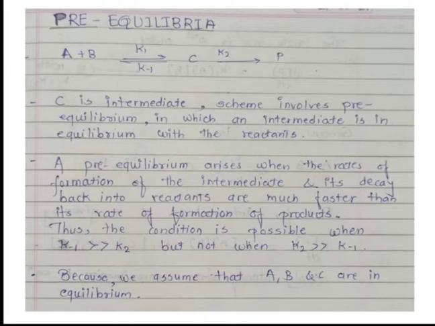So, when K minus 1 is greater than K2, there is a pre-equilibrium. That means the reactant species and the intermediate species are in equilibrium. Now, we assume that A, B and C are in equilibrium.